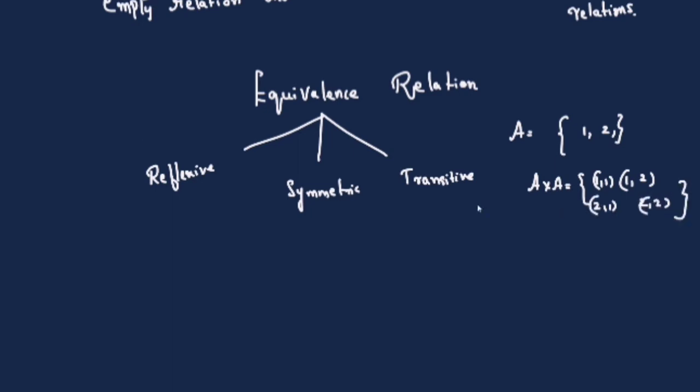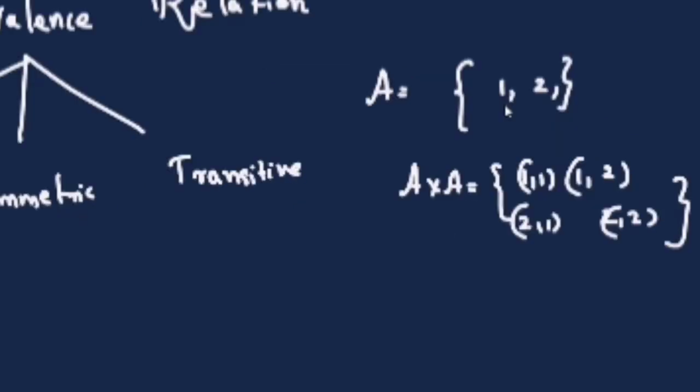Now reflexive is: for all the elements a of the set A, (a, a) should be there in R. See, for example, look at this example here. First element is 1. Check whether 1, 1 is there.